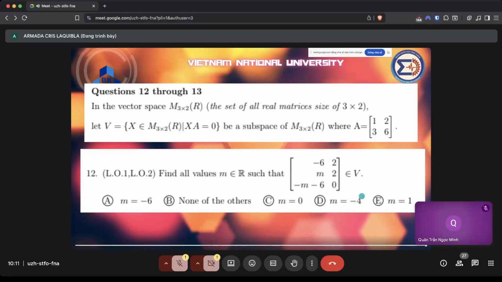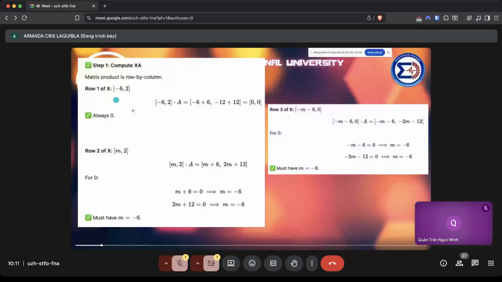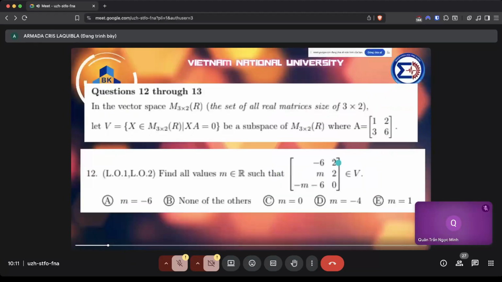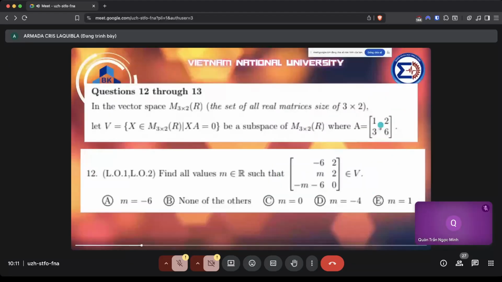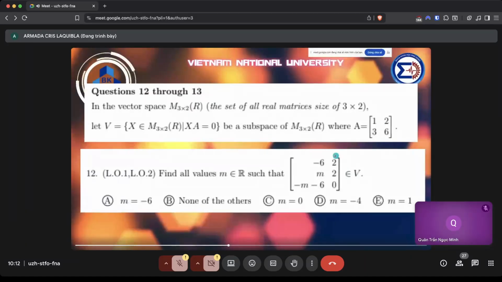Okay, so we do that now, we multiply it. So the first row, multiply it with A. First, we have negative 6, 2 times this. Multiply it to A, so when you multiply it, it's the row there times the column here, negative 6 to 2 times 3.